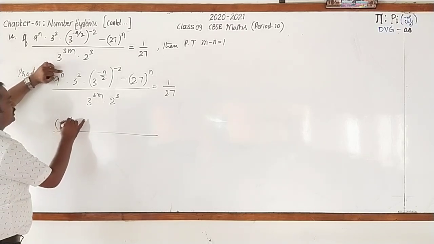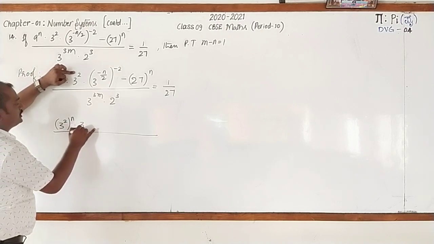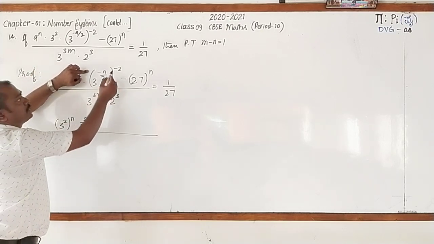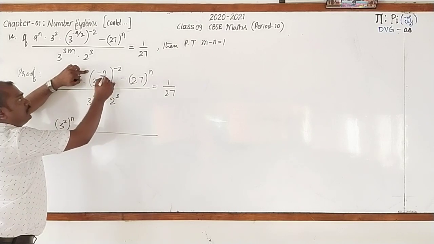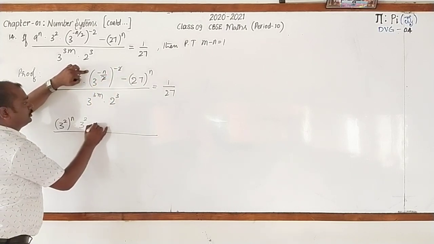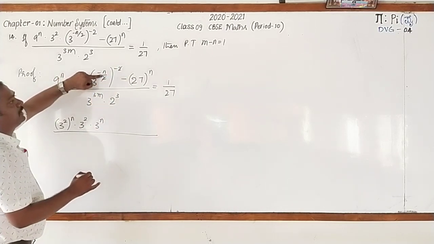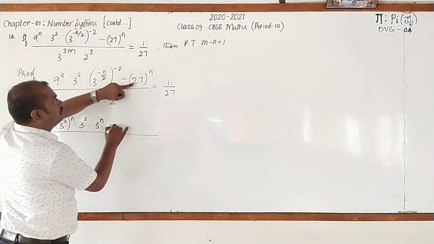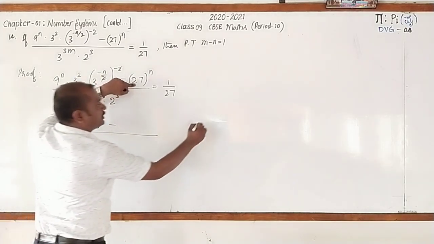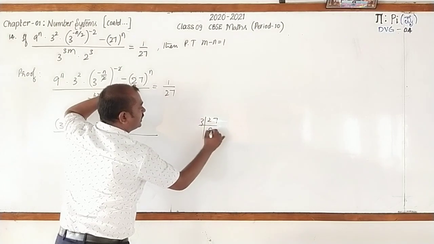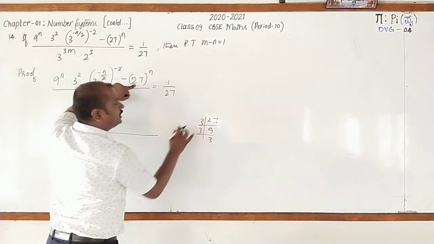Whole raised to the power n into 3 square as it is. Here observe, minus into minus is plus, 2 and 2 get cancelled, and 3 raised to the power n will remain. Minus 27 is there. 27 can be written as 3 into 3 into 3.